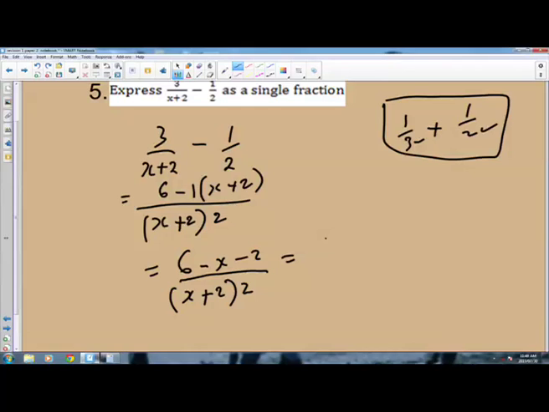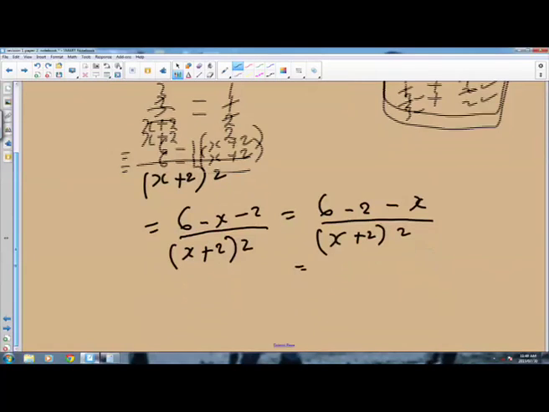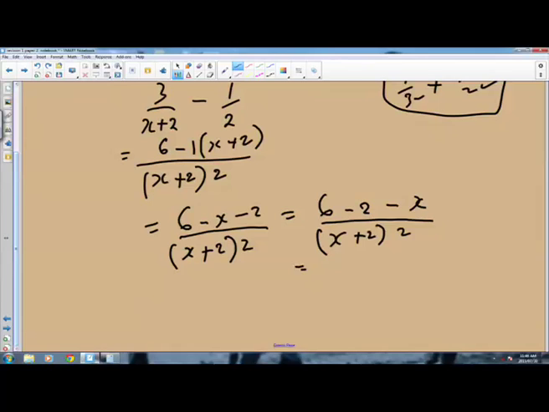So this will be 6 minus 2 minus x, divided by x plus 2 times 2. 6 minus 2 is 4, minus x, divided by 2 times x plus 2. This is our answer.